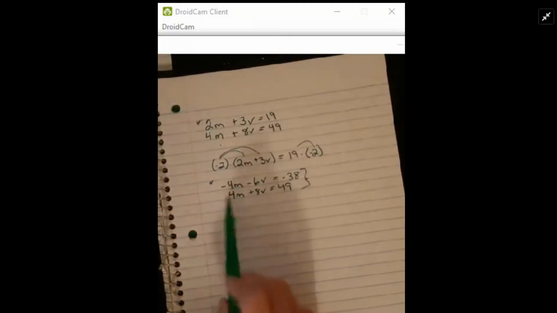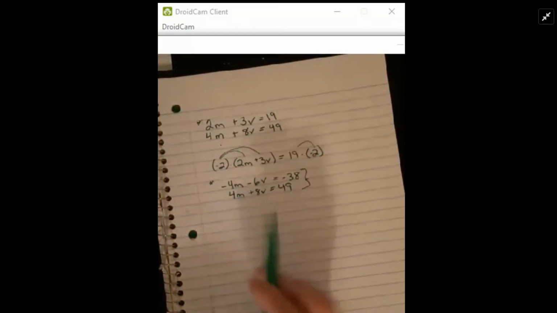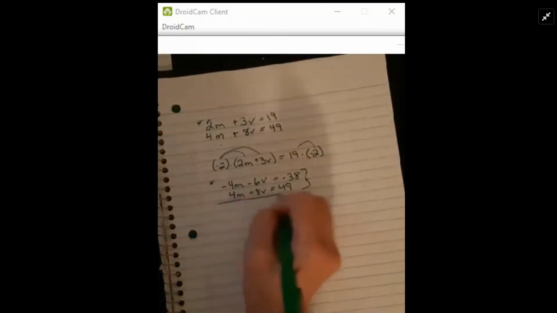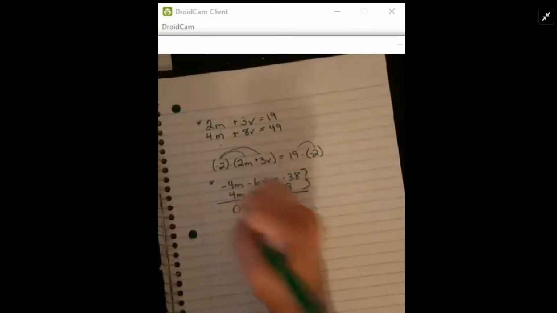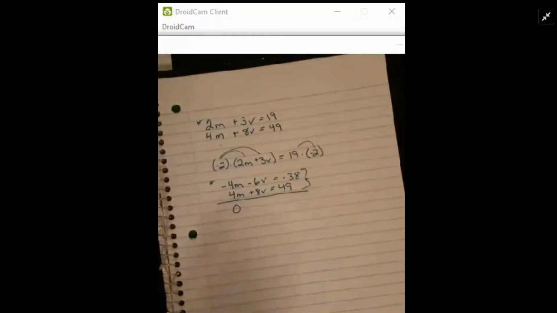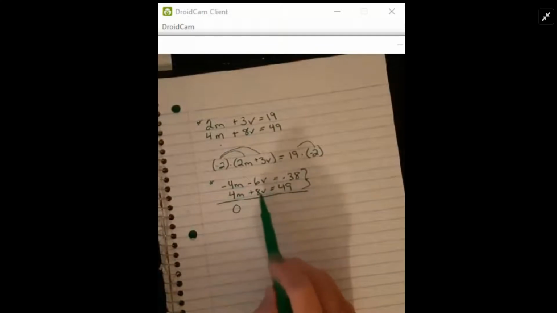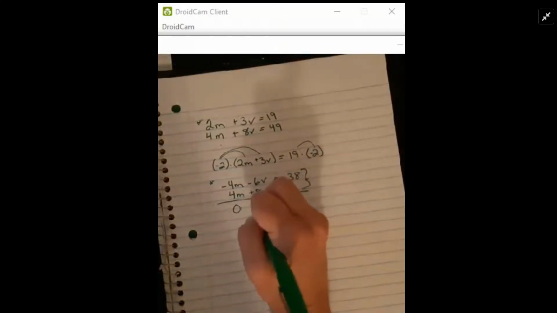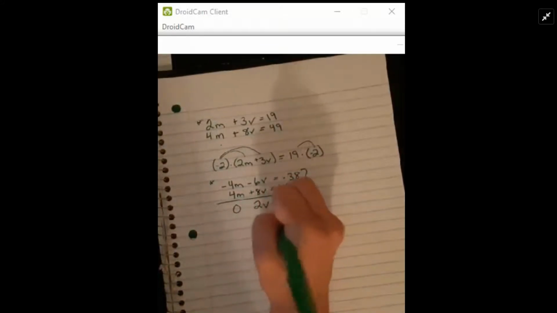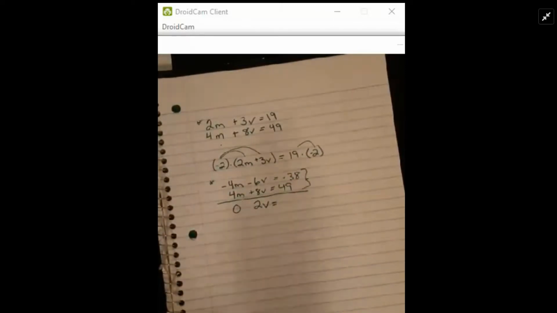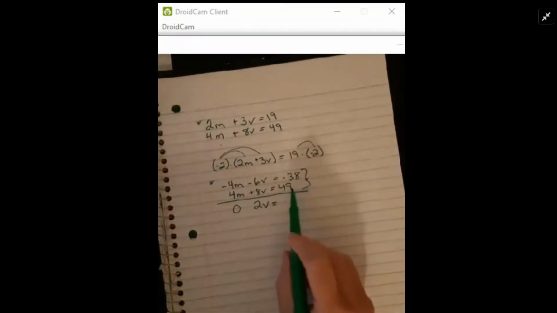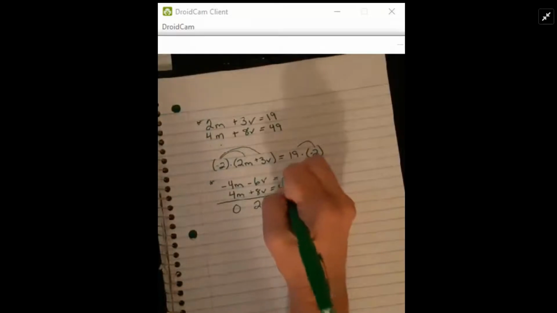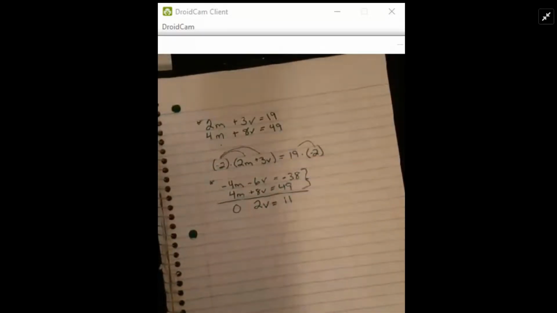So if we have negative 4m plus 4m and we put those together, that's just 0. That's nothing. 0. And then we have negative 6v plus 8v. So negative 6 and plus 8 is a positive 2v. And then we have negative 38 and 49. So that would give us positive 11.